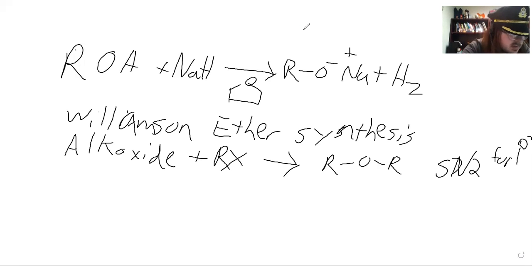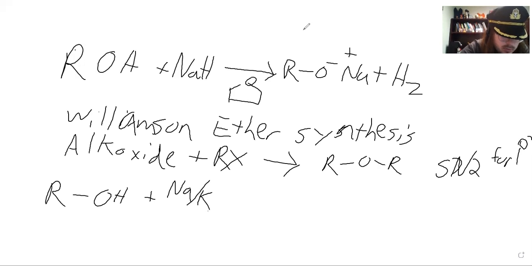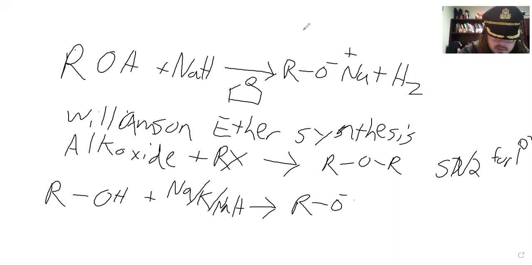So the basic premise here is I take some alcohol. I add my sodium or potassium or sodium hydride, form my alkoxide, RO minus Na plus, and my half equivalent of hydrogen.